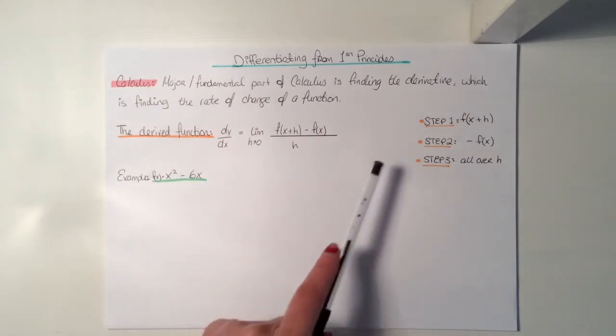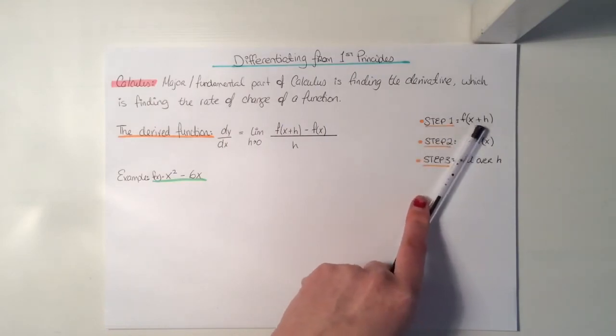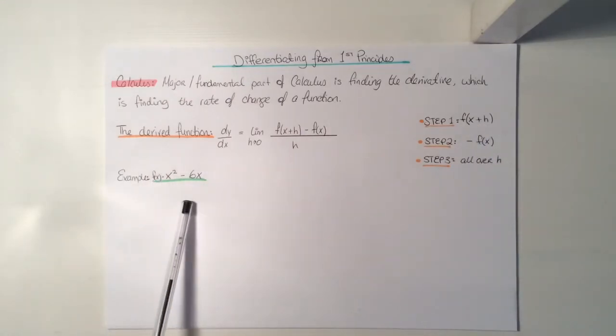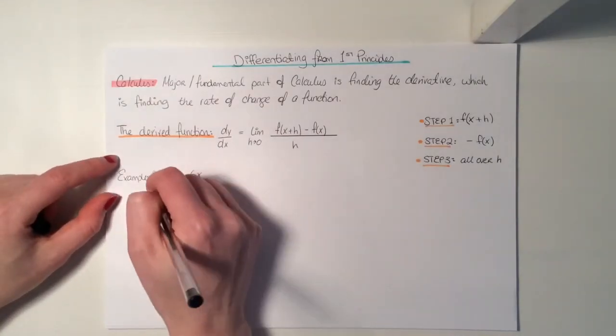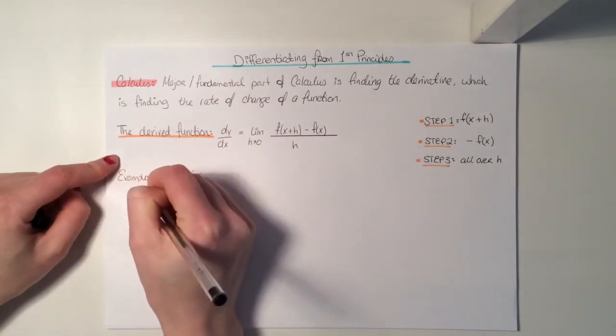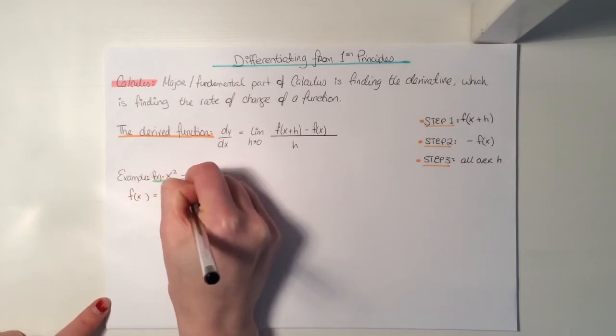Step 1 is f of x plus h. Anywhere that there's an x in the function given, you're going to apply a plus h to it. So we're going to say f of x equals x squared minus 6x.